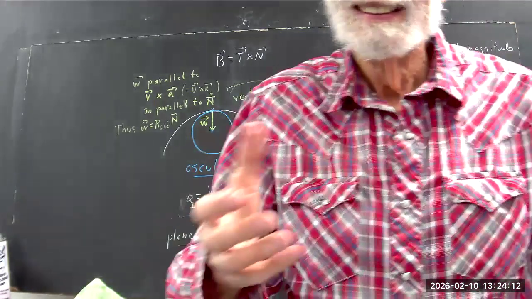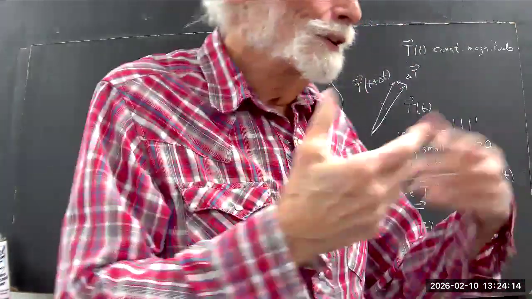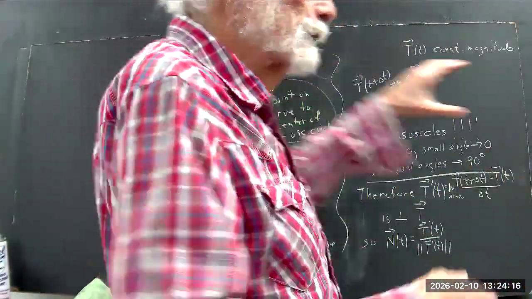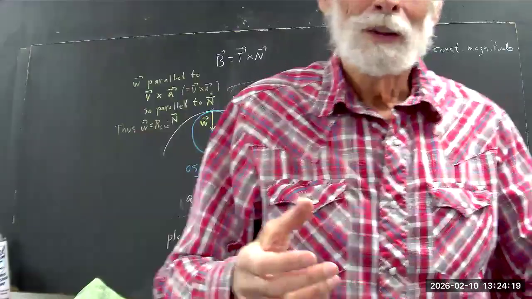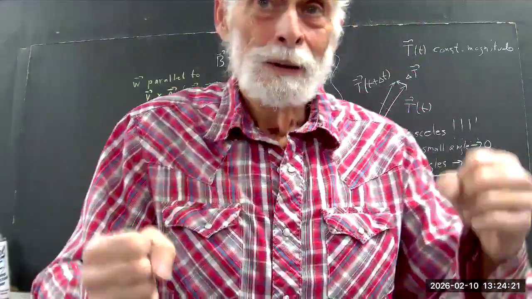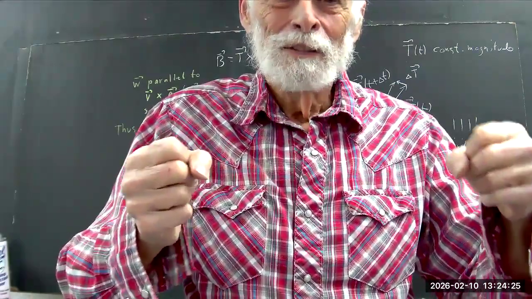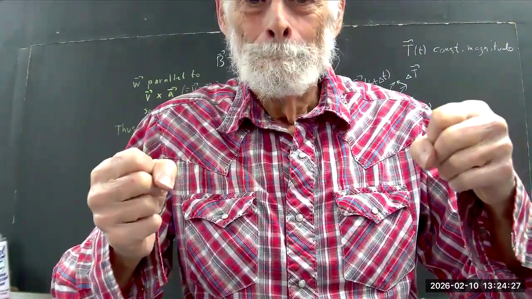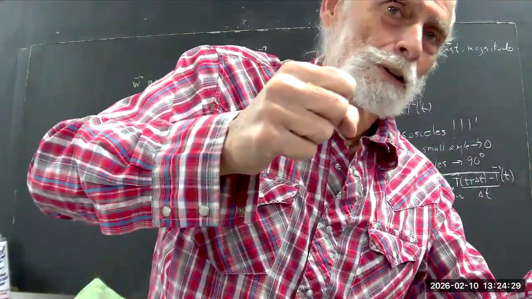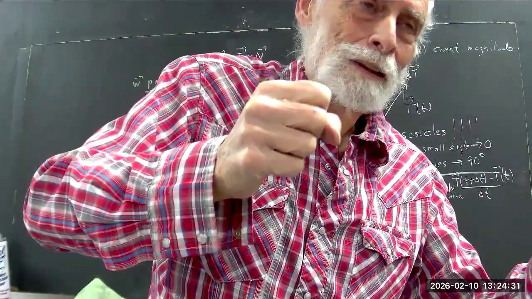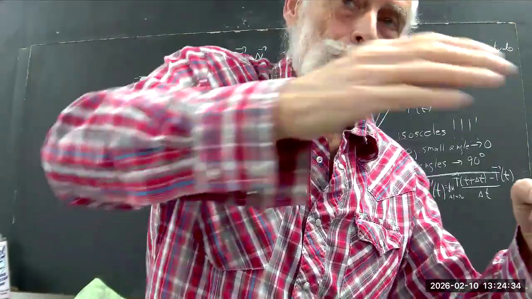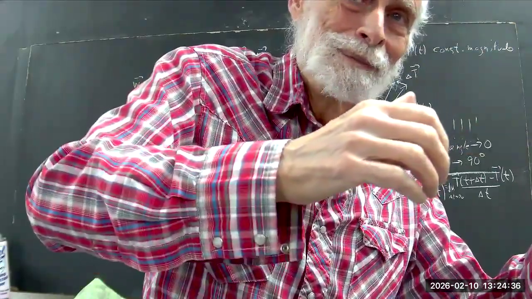Again, the question was asked, where's the binormal vector and so forth? Just to demonstrate, here I am driving my airplane, flying along, and I'm banking strongly this way. And I'm going around a curve as I'm banking.